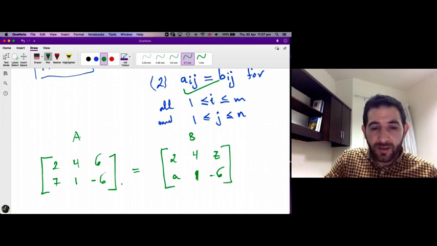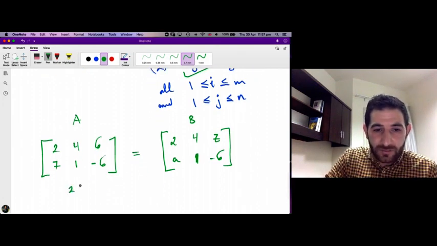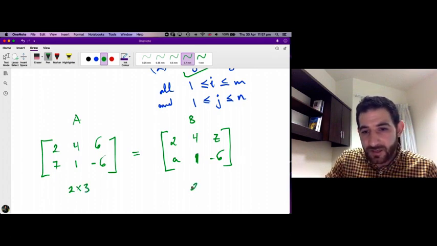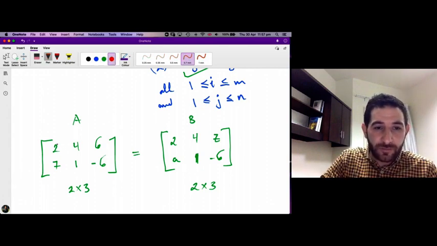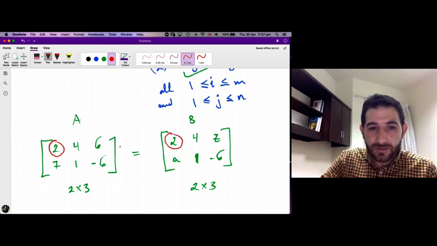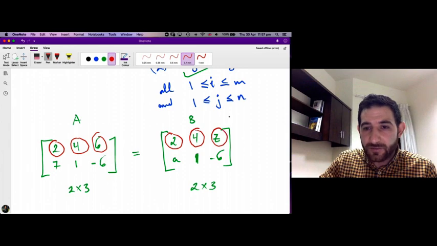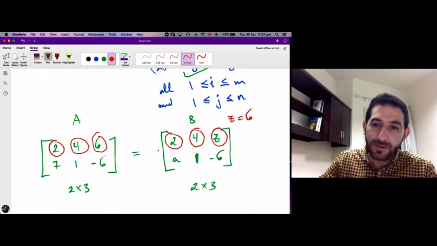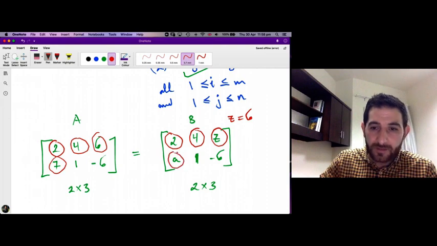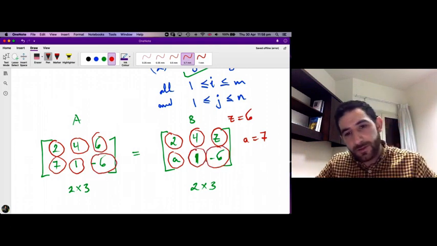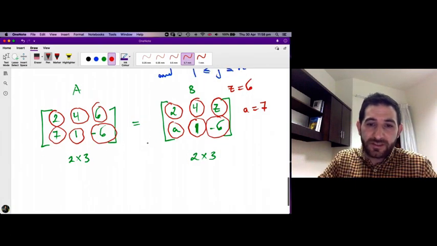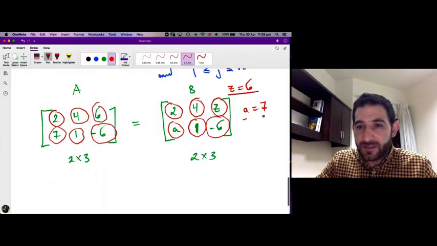Since they are equal, they should have the same dimension, which is 2 by 3, 2 rows and 3 columns, and here as well, 2 rows and 3 columns. And moreover, the entries have to be equal. So 4 is equal to 4, 6 is equal to this entry, so from here we know that Z must be 6, and 7 is equal to A, so A is equal to 7, 1 is equal to 1, and -6 is equal to -6. Since they are equal, we managed to find the values of Z and A.